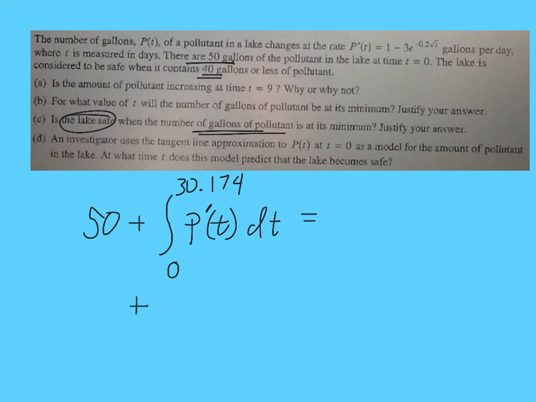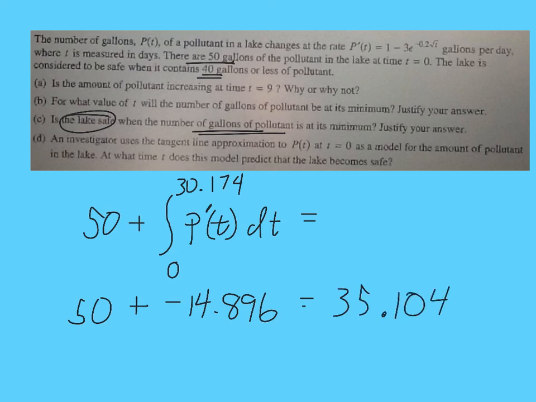So that whole area is below the x-axis, so it actually becomes negative 14.896. We started with 50, so if I do 50 minus that answer, I end up with 35.104 gallons.